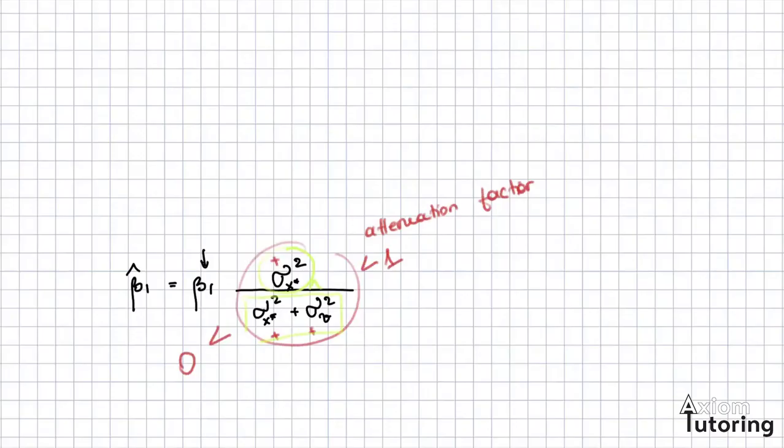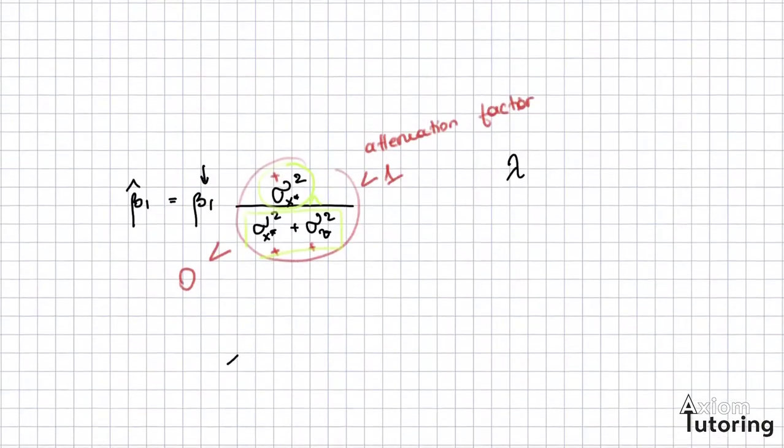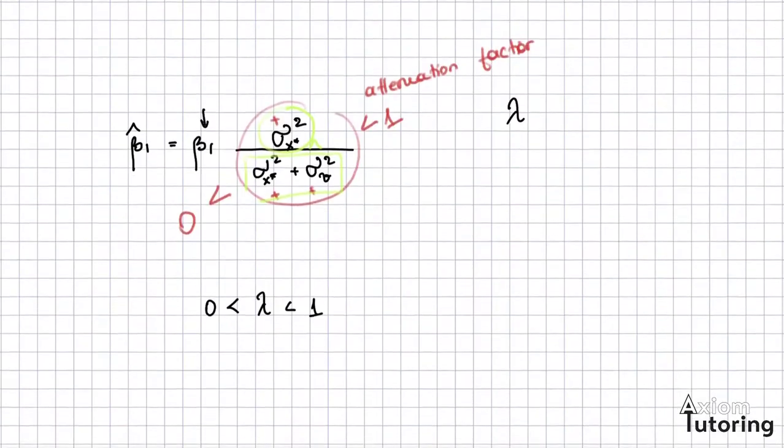And that proved that indeed this entire fraction, which we will call lambda for easiness sake in this video, is the attenuation factor. So the question that could come next is, well, what kind of values exactly would this lambda take? Apart from knowing that it can be between 0 and 1, the consequence is that, based on that, now you know that in absolute terms, the beta 1 hat will also be smaller in absolute terms than the beta 1, okay?